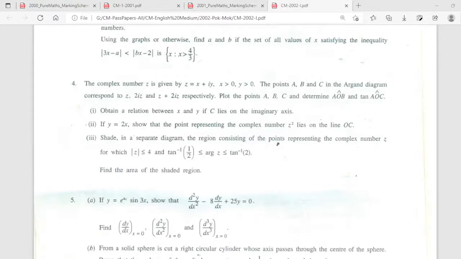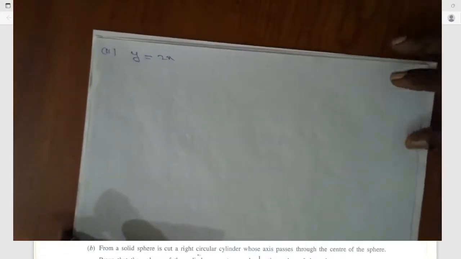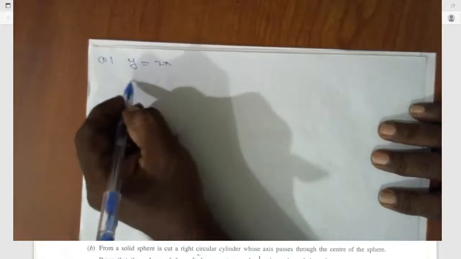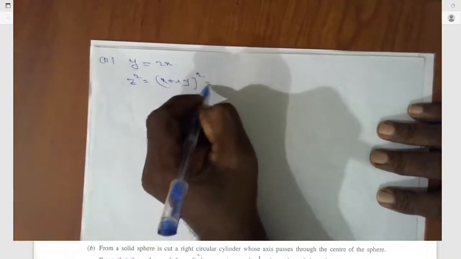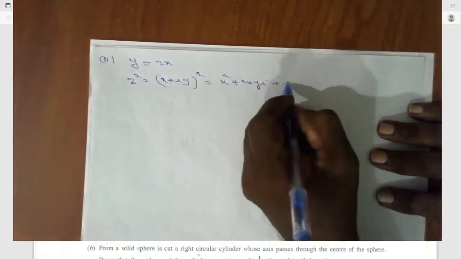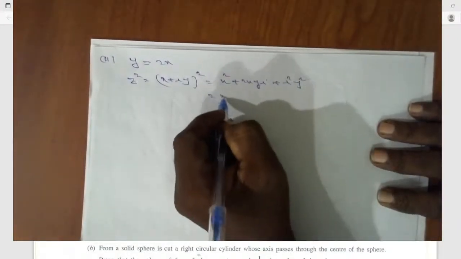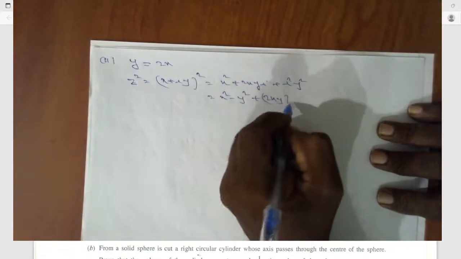For the second part, if y equals 2x, show that the point representing the complex number z squared lies on the line OC. If y equals 2x, what is z squared? That is (x plus iy) whole squared, which is x squared plus 2xyi plus i squared y squared. So this equals x squared minus y squared plus 2xy times i.